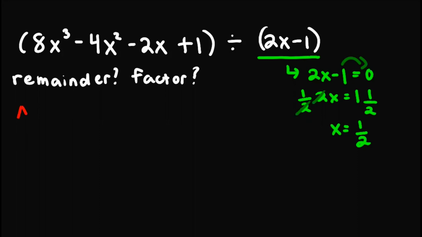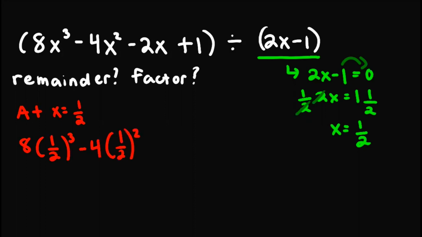So we'll have at x equals 1/2, 8 times 1/2 cubed minus 4 times 1/2 squared minus 2 times 1/2 plus 1.